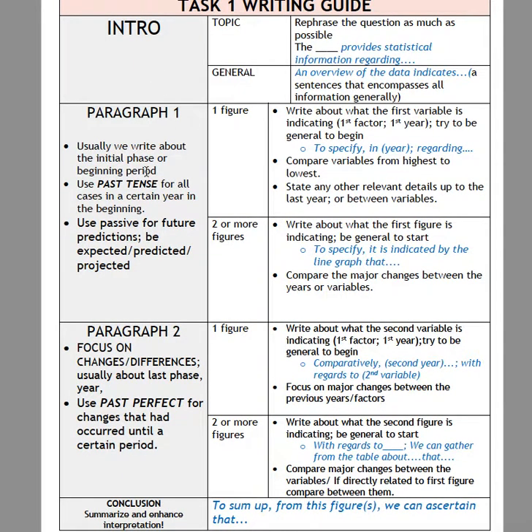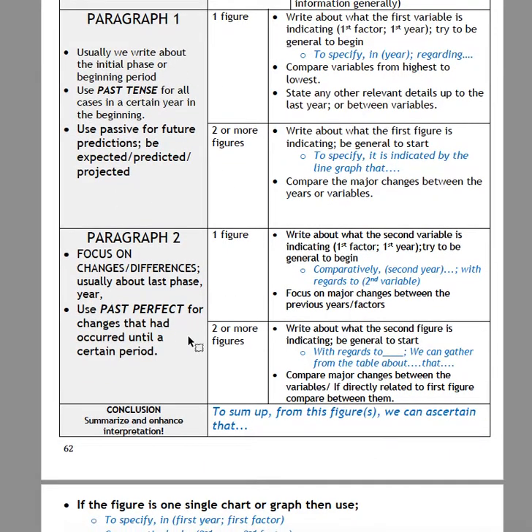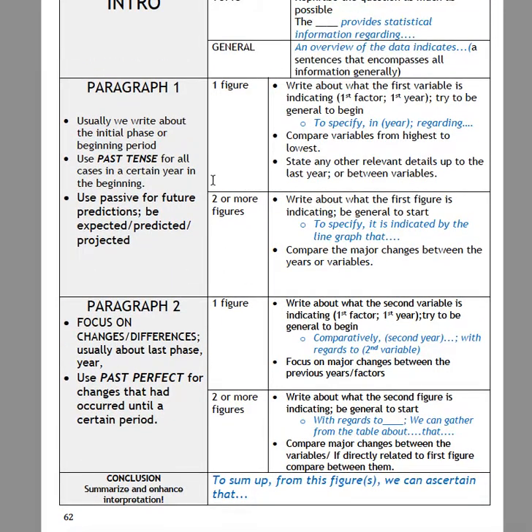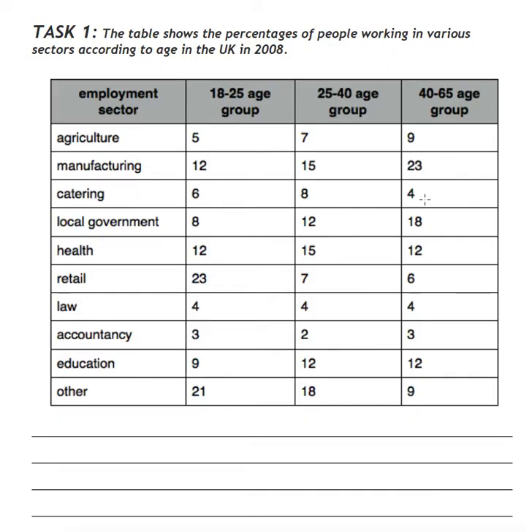The intro, paragraph 1, where we talk about the first part, paragraph 2, and a short concluding sentence. Now, what do we write in the paragraphs? Well, I think in this case, you can see that we're going to have its age groups. It says, the table shows the percentages of people working in various sectors according to age in the UK in 2008.